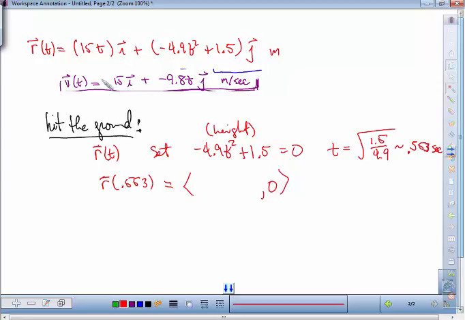So you take your 15 times t, and that's essentially going to give you the distance. Half of 15, that's like 7-ish. 8.3 meters. That didn't go very far.